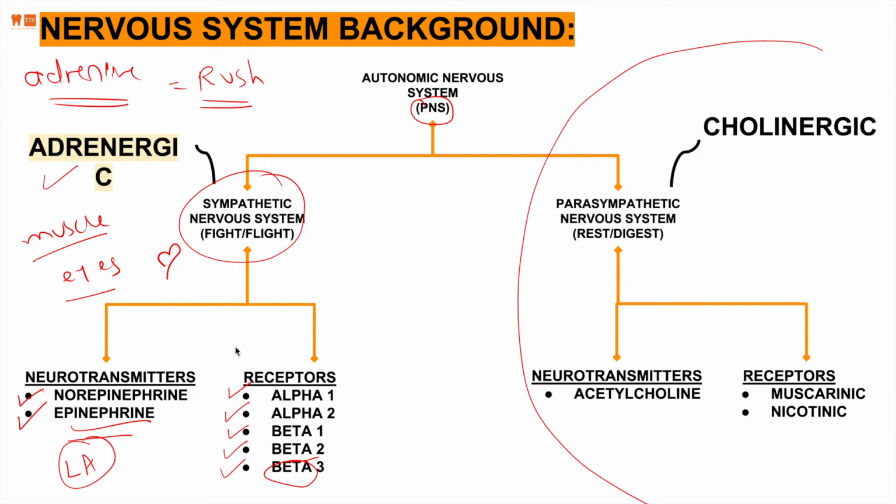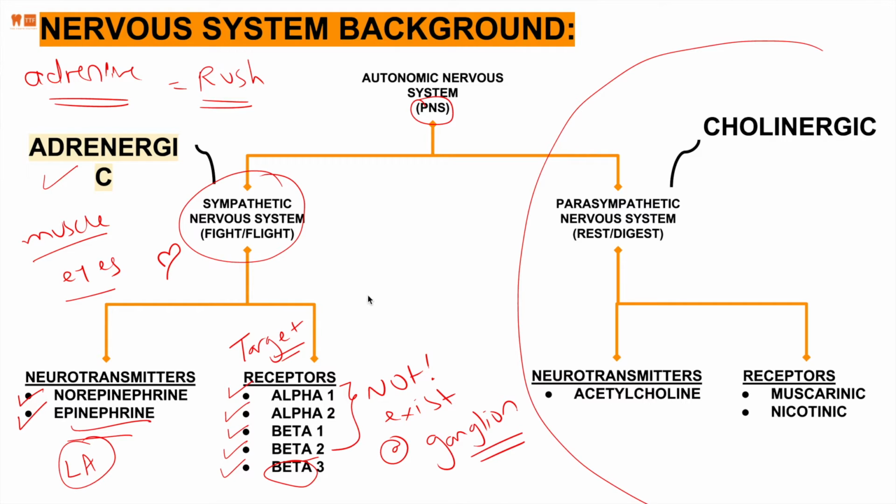And when I say target, keep that in mind because these do not, and this is very important, please write this down, exist at ganglions. I know we've introduced this word in the previous lecture, but for those watching this for the first time, ganglions are very important components of neuron transmission.